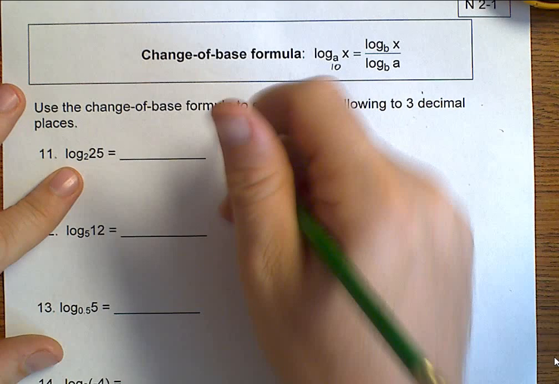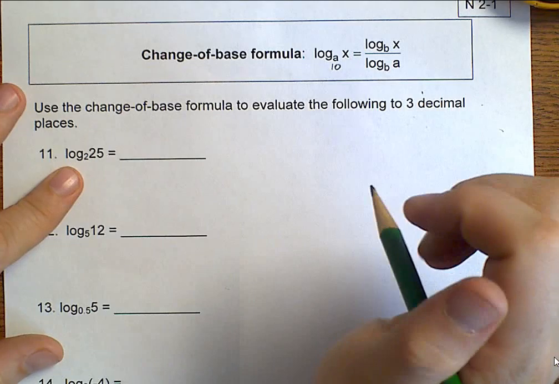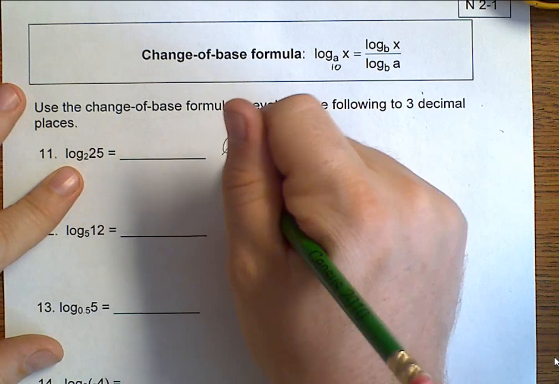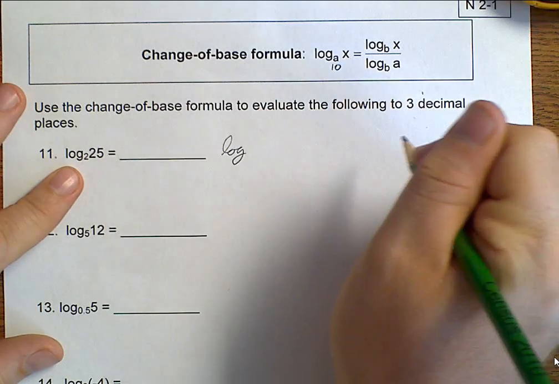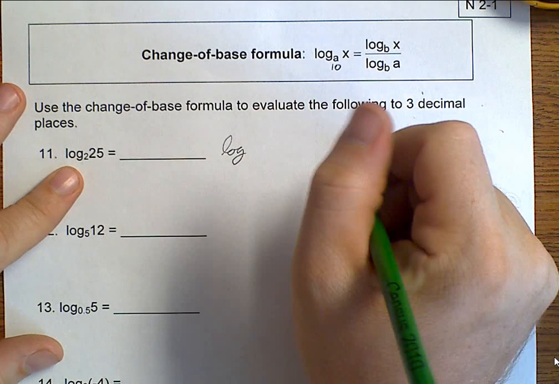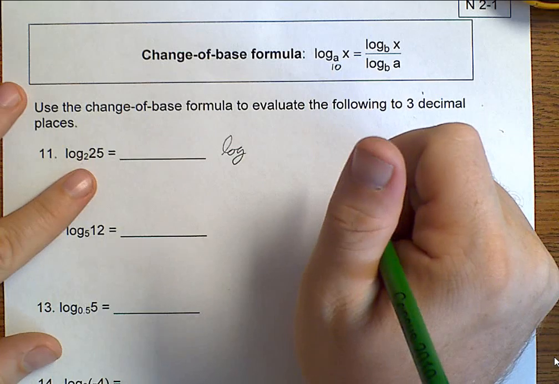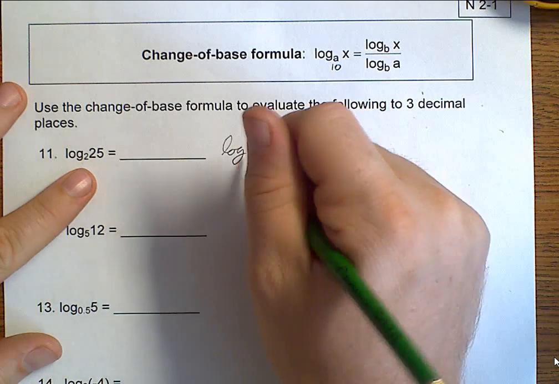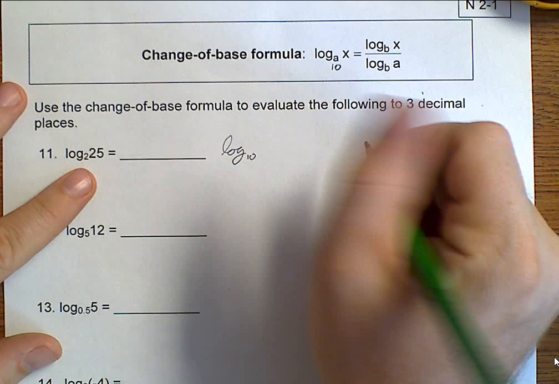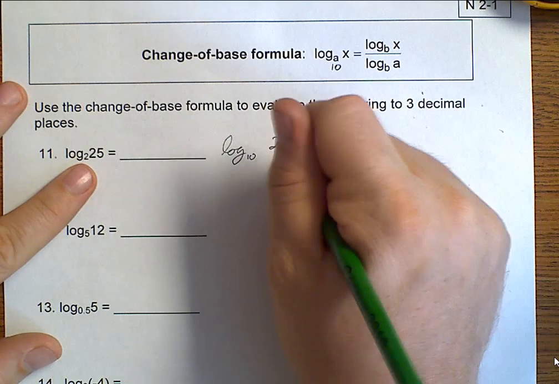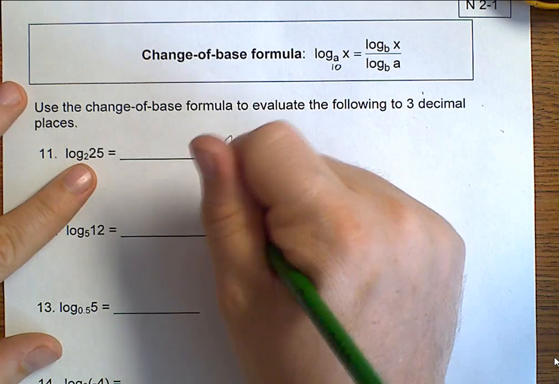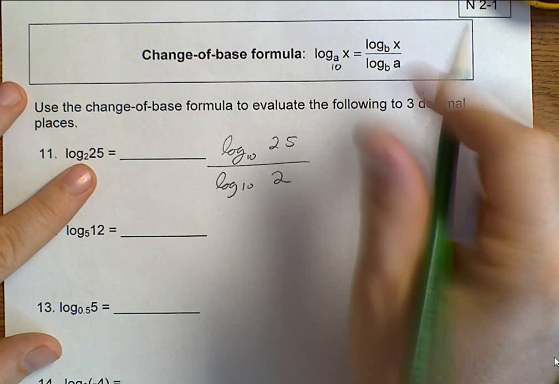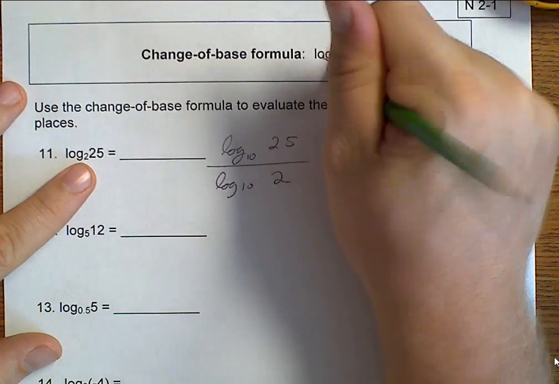So this equals log base 10 of 25 over the log base 10 of 2. So it's not a that we want to turn into the 10.